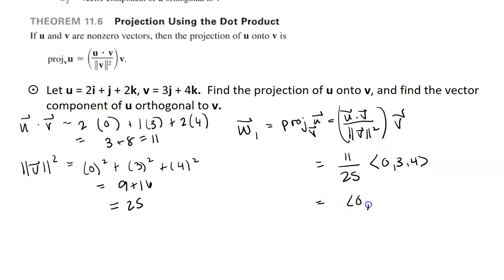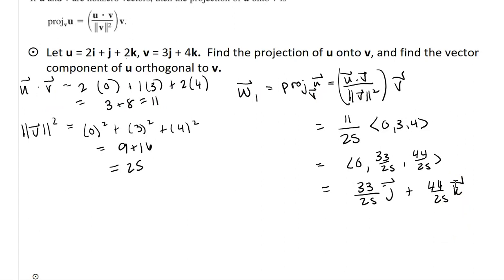So that gives me 0, 33 over 25, and 44 over 25. And if you need this in unit vector form, you would have 33 over 25 times j plus 44 over 25 times k. So that would be your vector.